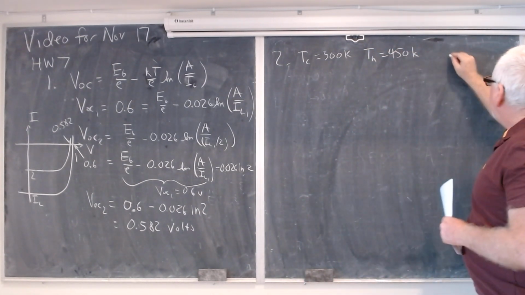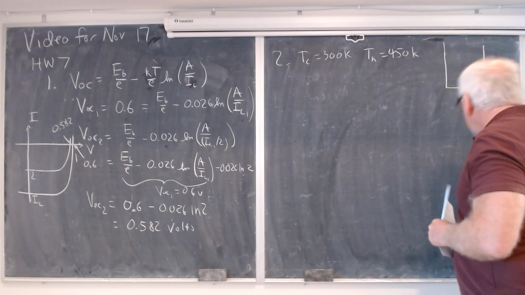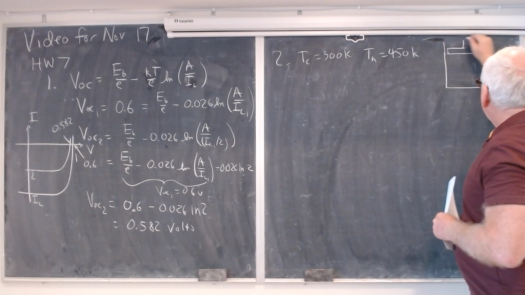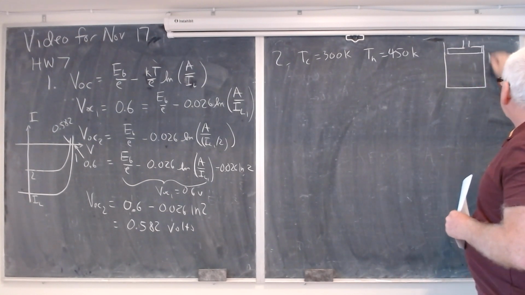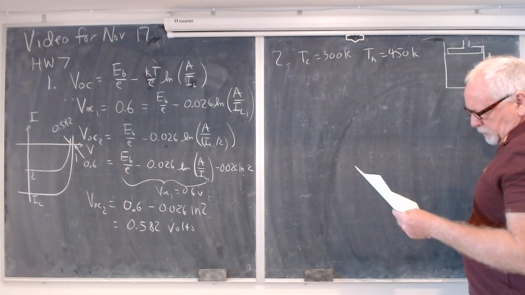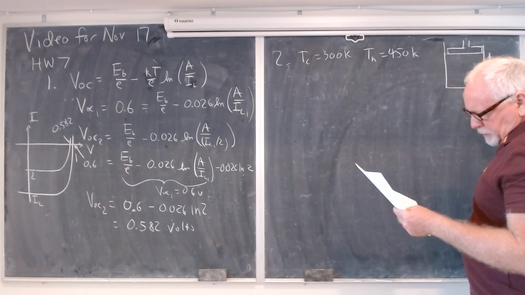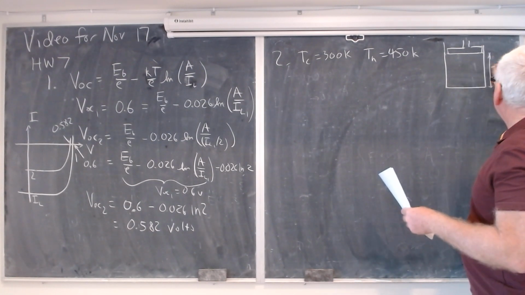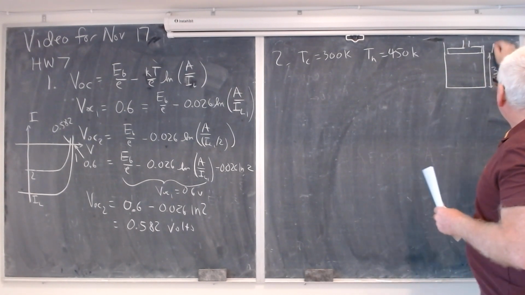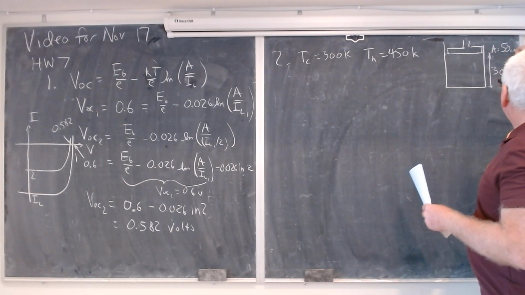You have your cylinder here, and you put air in at 30 centimeters, and A is 50 square centimeters.